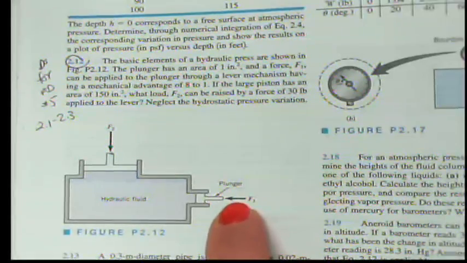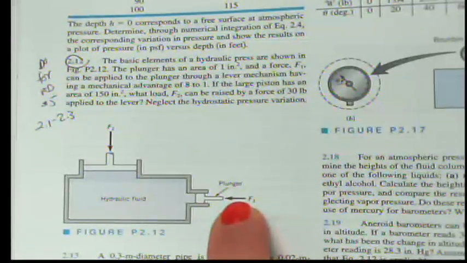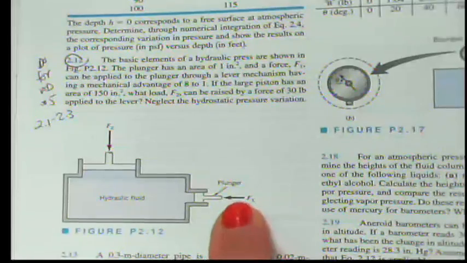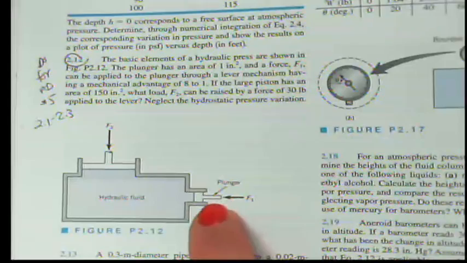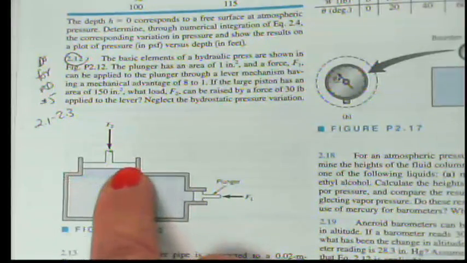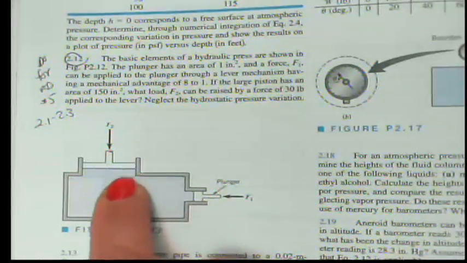In this case, a mechanical advantage of 8-to-1 means that if we push on our lever assembly, or pull on it, or whatever direction of action there is, with 1 pound of force, we will get a resulting 8 pounds of force acting on the plunger. In addition, we have a larger piston up here, which has an area of 150 square inches.